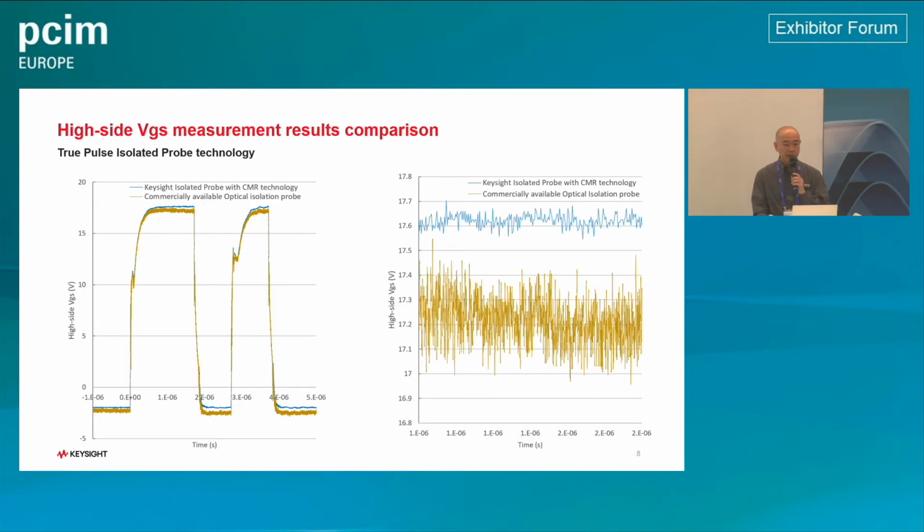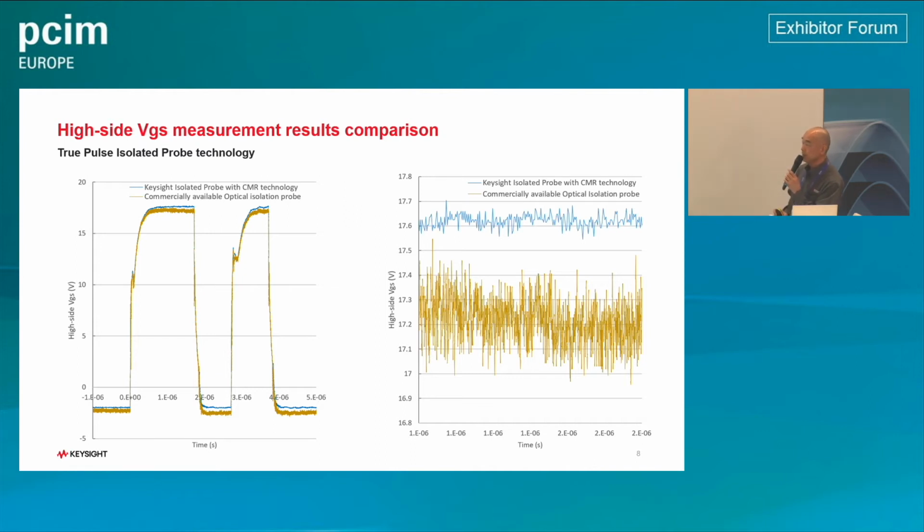Okay, and many people talk about the high side FET testing, very, very difficult. And it is difficult. Some people use the commercially available optically isolated probe, and you get a good measurement, as shown in this slide.